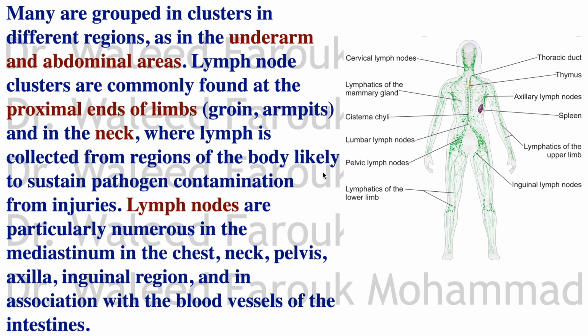Lymph nodes are numerous in the mediastinum, in the chest, neck, pelvis, axilla, inguinal region, and in association with the blood vessels of the intestine. As we'll see later, lymph not only collects lymph from the body, but it's also the main pathway for absorption of lipids.